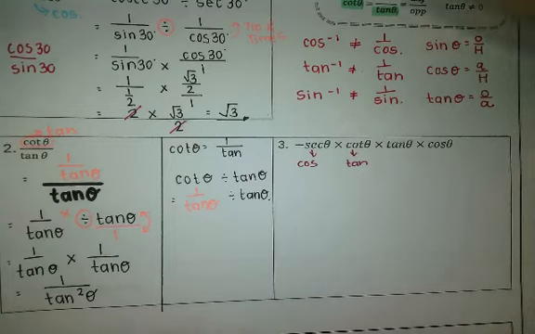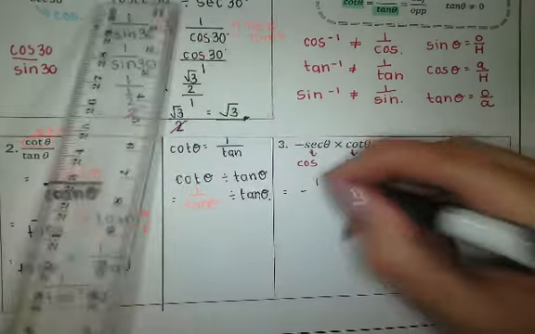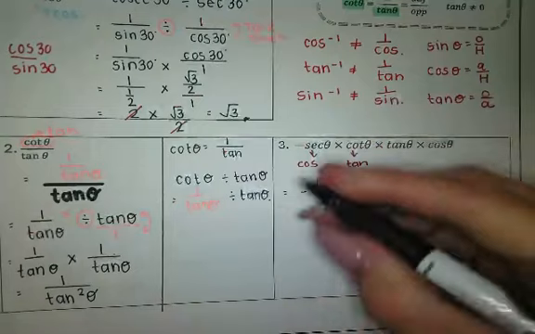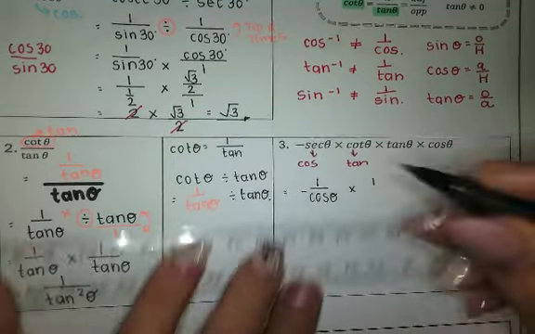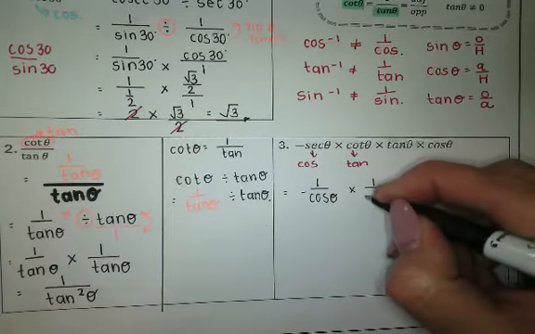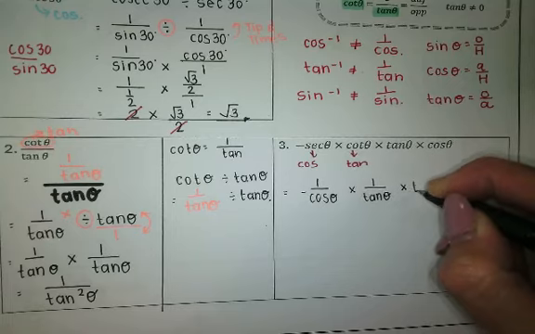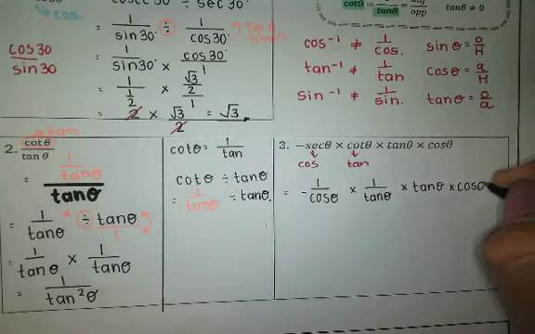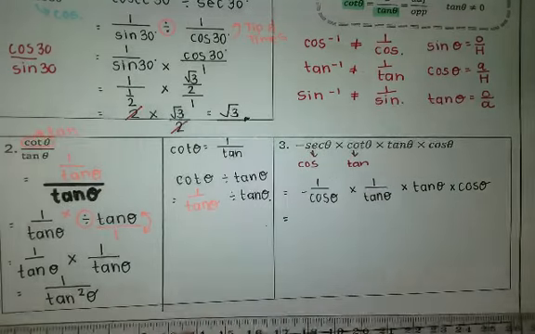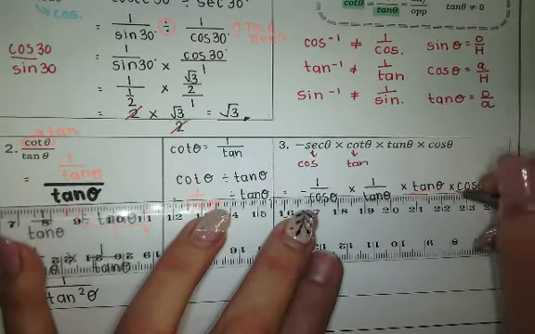So we've got negative 1 over cos theta times 1 over tan theta times tan theta times cos theta. Yes, we can put it over 1, 100%, because it is over 1, yeah?